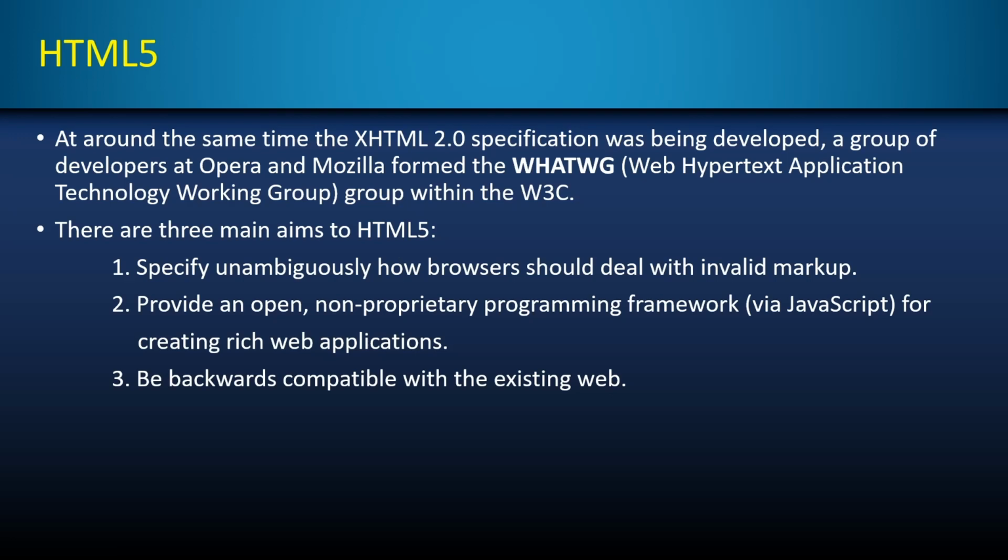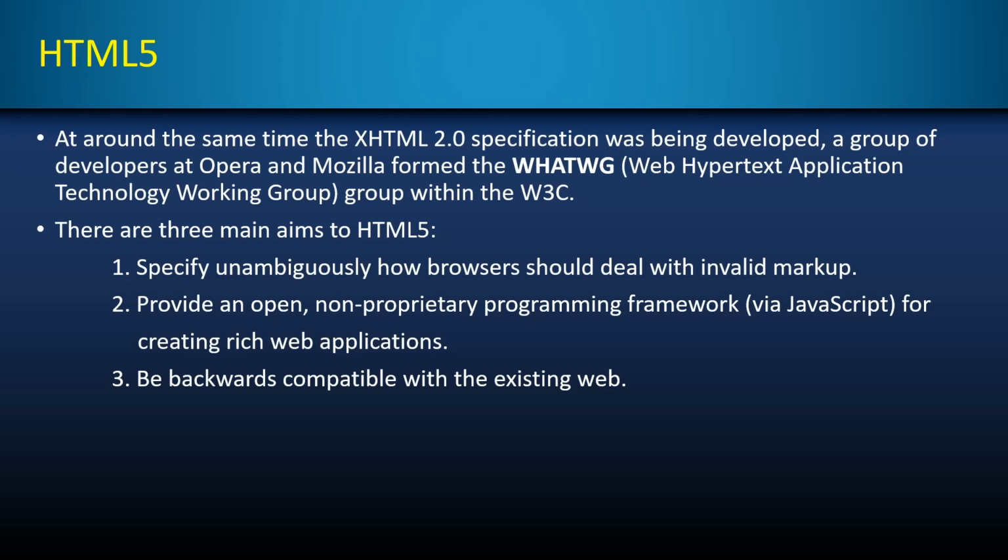First, specify unambiguously how browsers should deal with invalid markup. There should be one way for all browsers to deal with invalid markup. If a markup is invalid, one browser should display the same message as the other browsers.